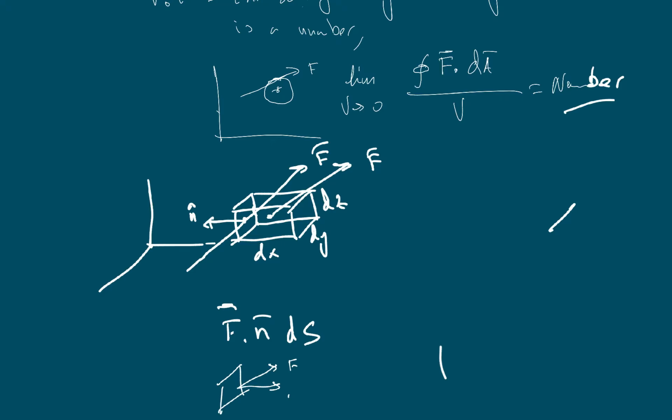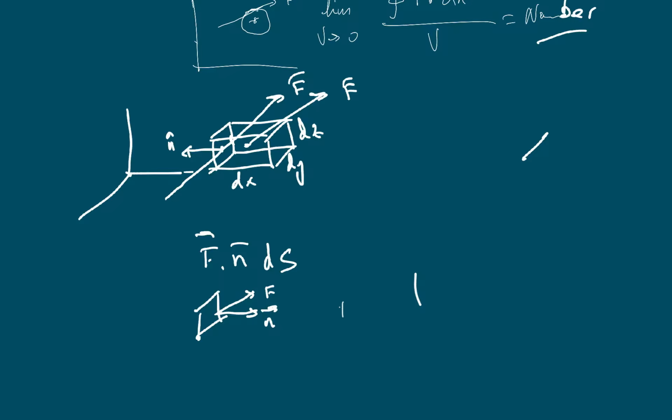The normal always goes outside of the volume, so the F scalar n dS will be positive. So I will have that the flux entering through this side is negative, the flux going out of this side is positive, and the net flux is the sum.